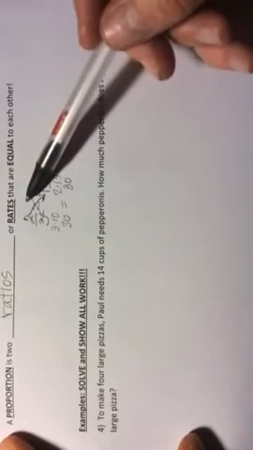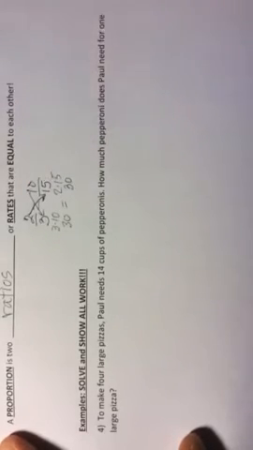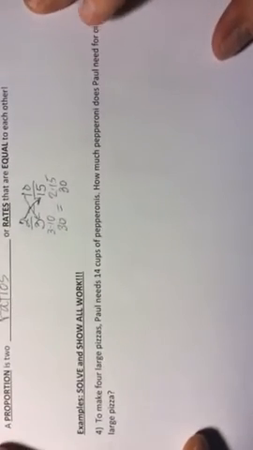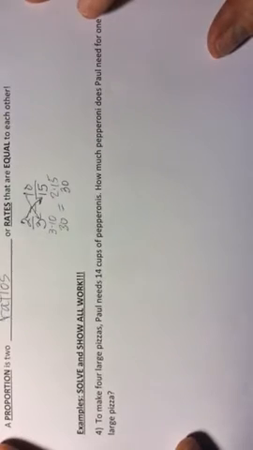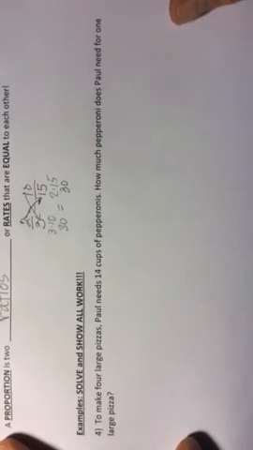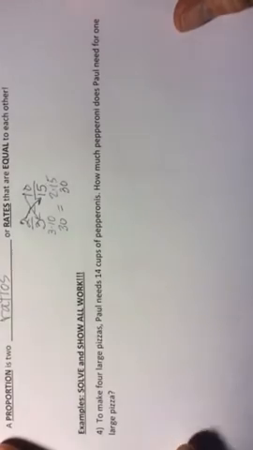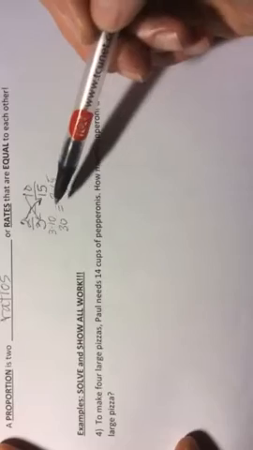There's a reason why, and at the end I'll talk about that. And if you come in tomorrow, there's going to be a little exit ticket in order to get your assignment, to start working on your assignment. You're going to have to tell me why, when you cross multiply, cross products are equal. And I'll talk about that at the very end.